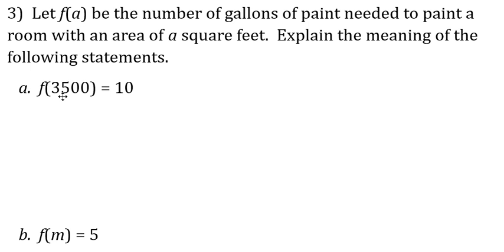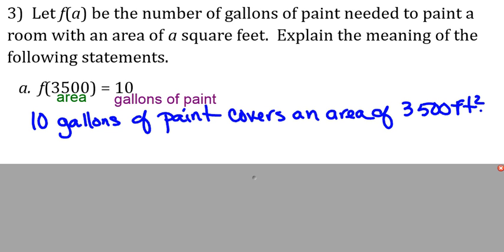So f of 3,500 equals 10. 3,500, that's the input, so it's talking about the number of square feet that you have to paint. And what it's equal to is the number of gallons needed. So this is the area, this is the gallons of paint. So we need 10 gallons of paint to cover an area of 3,500 square feet. So again, this was the output, this was the input.